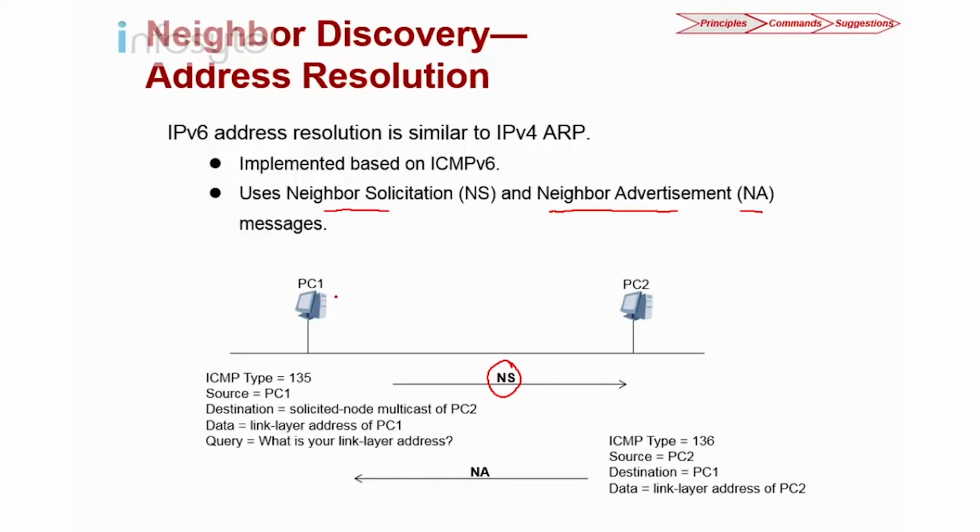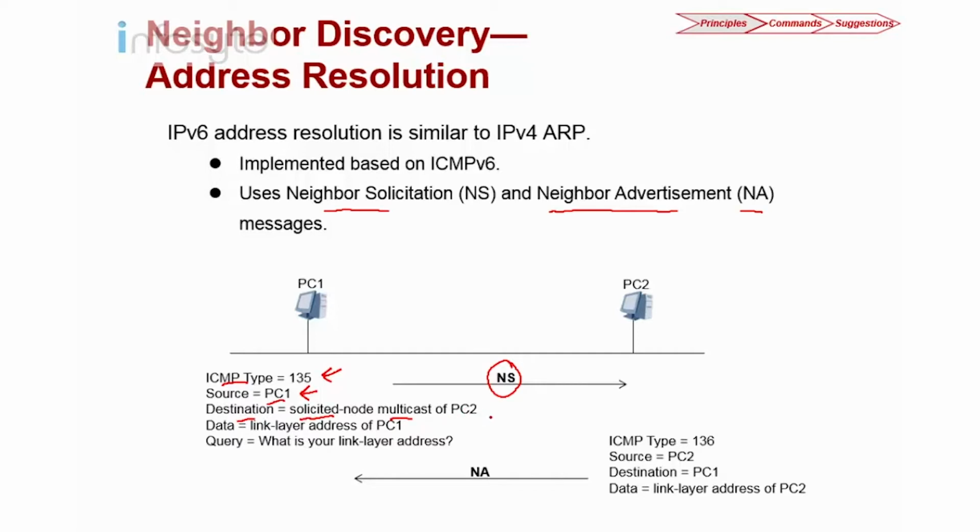As you can see from here, PC1 wants to get the layer 2 mapping of PC2. What PC1 does is send an ICMP type 135. When you send this ICMPv6, it also includes the source PC1 MAC address, and the destination is a solicited-node multicast.